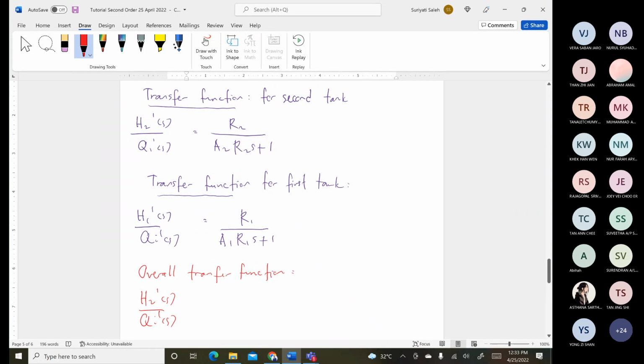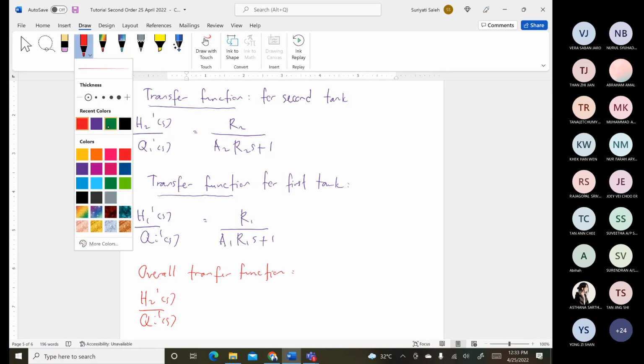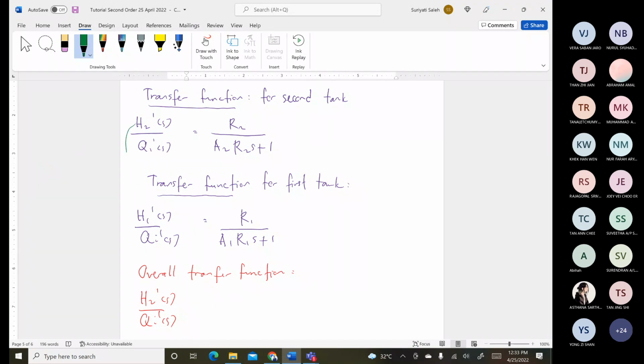To obtain it, here the H2 comes from the second tank, and meanwhile the Qi is in the first tank.